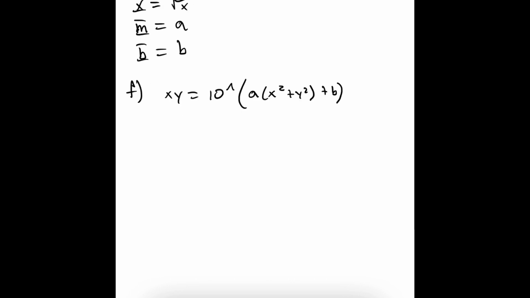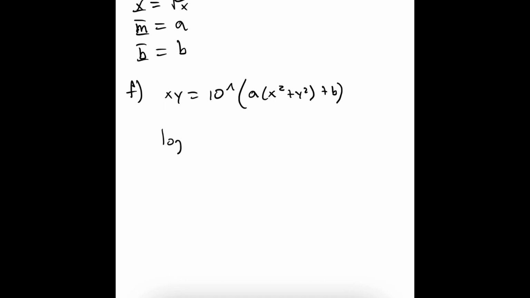F, xy equals, oh boy, 10 to the a x squared plus y squared plus b. Okay. So I think it's obvious we want to take a log of this.